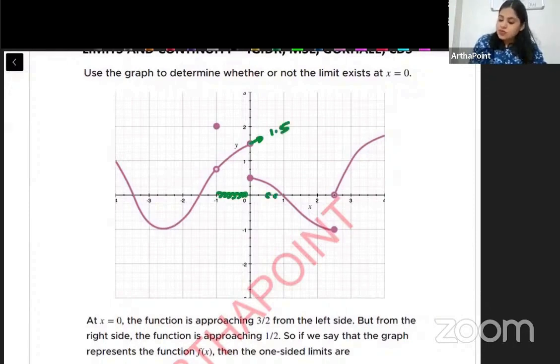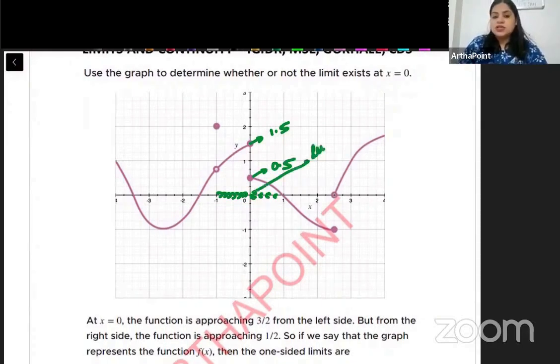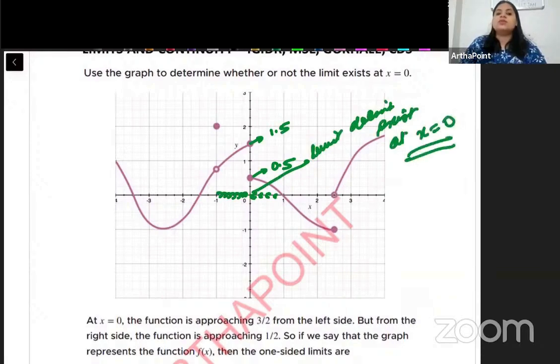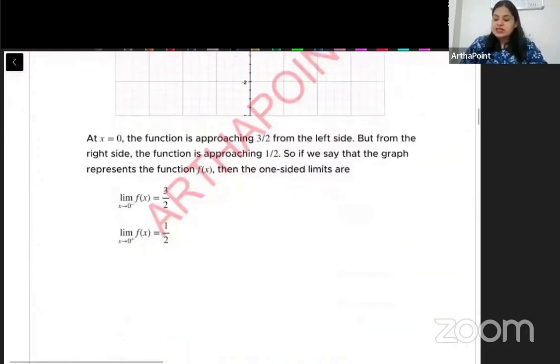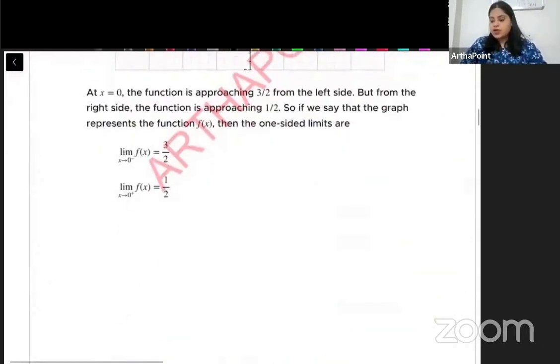When I approach from the right-hand side, the functional value is 0.5. The two values are not equal to each other. So the limit doesn't exist at x is equal to 0.